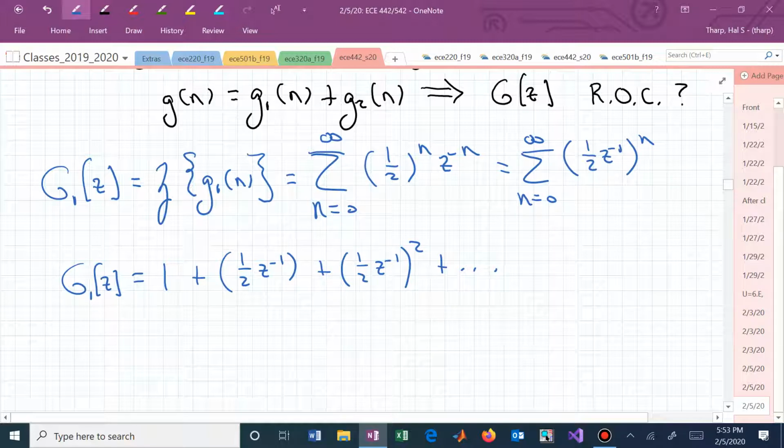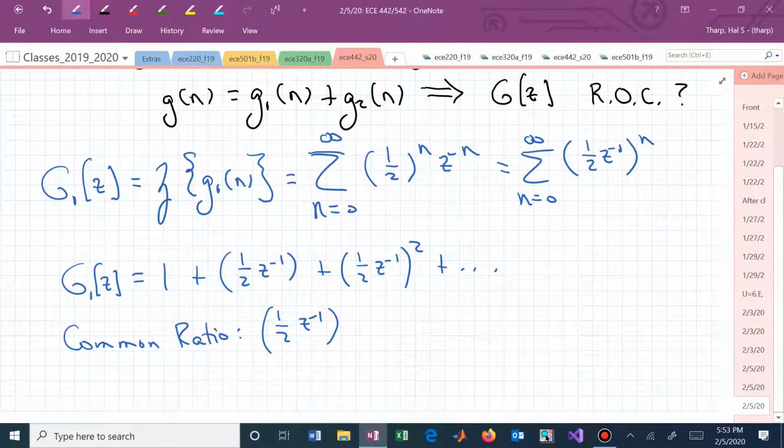And now our common ratio between terms in that series is 1/2 z to the minus 1.